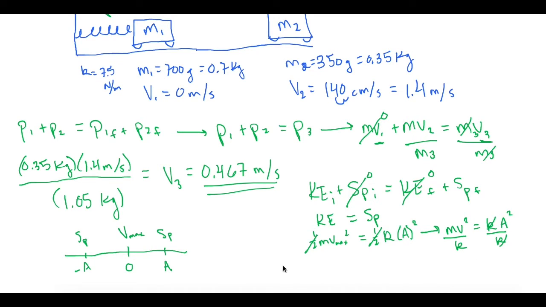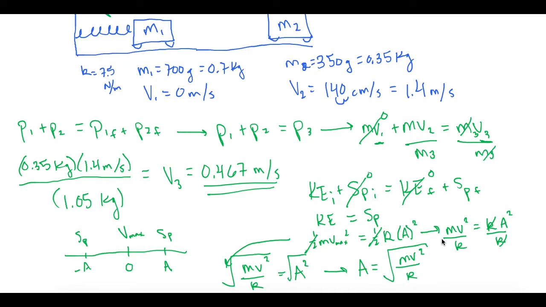So now we're left with m v squared over k is equal to A squared. Square root both sides. And now we have the amplitude A equal to the square root of the mass times the velocity squared over the spring constant.